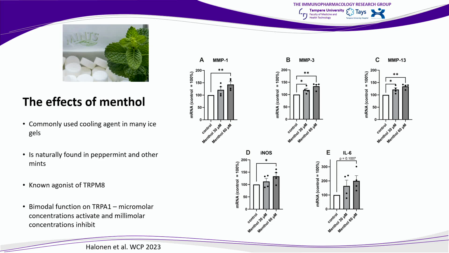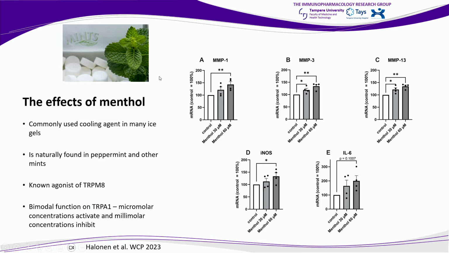But there are also studies showing that menthol has some bimodal function on TRPA1, with micromolar concentrations activating TRPA1 and higher millimolar concentrations actually inhibiting TRPA1. But the concentrations we used here are in the activation range of TRPA1.